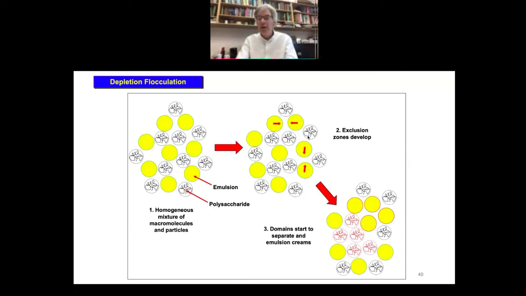And so you can demonstrate it quite easily with a 10% emulsion, 10 to 20% emulsion, in which you throw in 1% polysaccharide, and you're doing that to stabilize it through viscosity, but in fact, it has the opposite effect and causes an instability to occur.